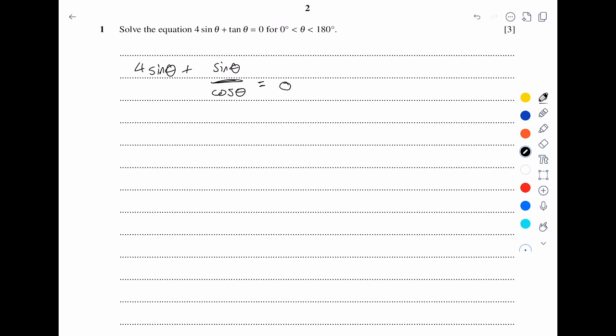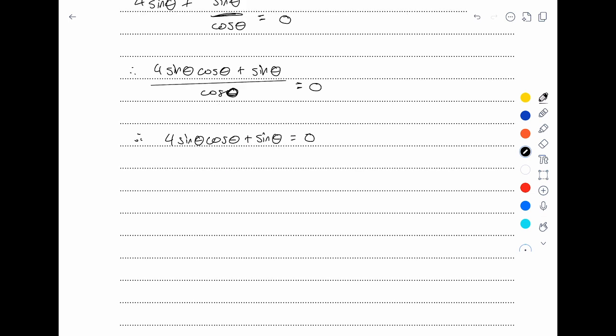This identity has helped us because if we multiply by cos theta, we get 4 sine theta cos theta plus sine theta equals 0 as a result.